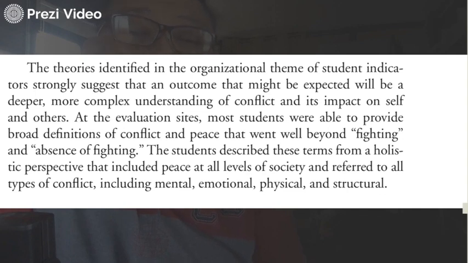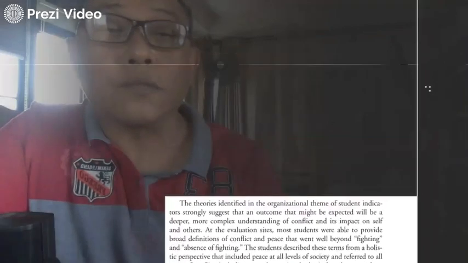The students described these terms from a holistic perspective that included peace at all levels of society and referred to all types of conflict, including mental, emotional, physical, and structural conflicts. So you notice that he was able to come up with a theoretical explanation of the experience of giving peace education in this project.